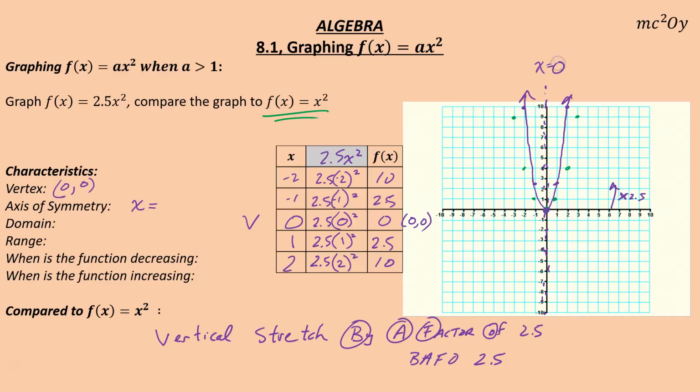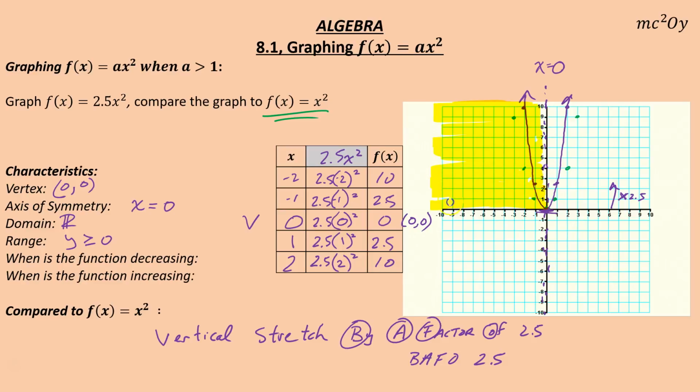Okay, that's our axis. Our domain is still all real numbers. Our range, it's opening up and it starts at 0, so y is greater than or equal to 0. It's increasing. Well, let's go ahead and highlight it again. Let's go back to yellow there. Okay. Well, if I go to my axis of symmetry right there, there it is.